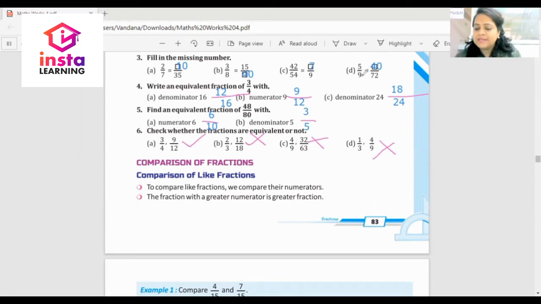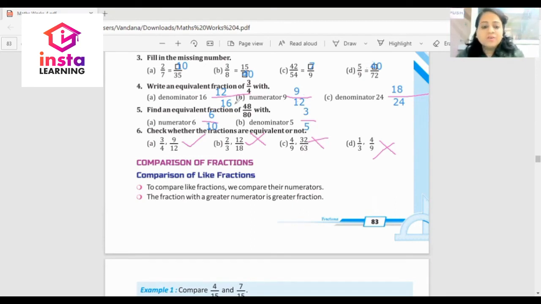Now 9 8s are 72. So 5 8s are 40. Okay. So you have to do the multiplication, or you can say first divide the following. 72 divided by 9. Then you will get the answer 8. Then multiply 8 by 5. 5 multiplied by 8. You will get the answer 40.